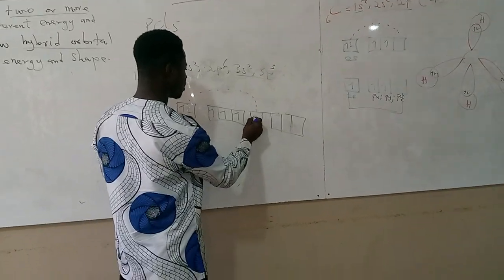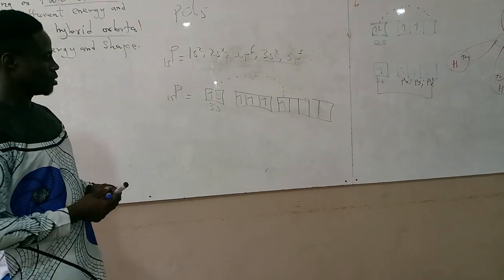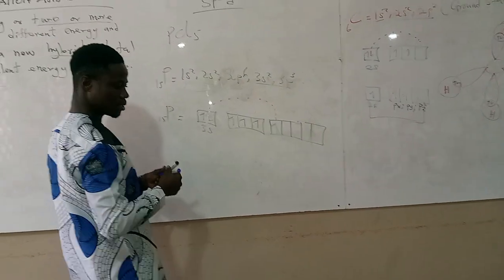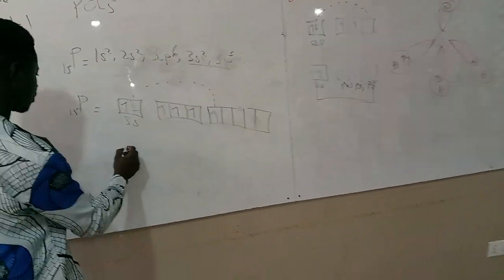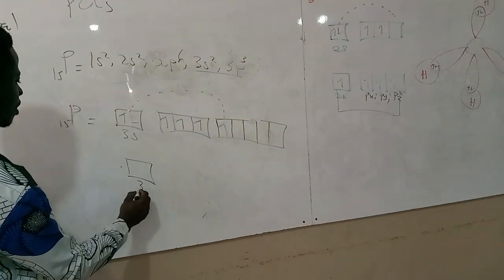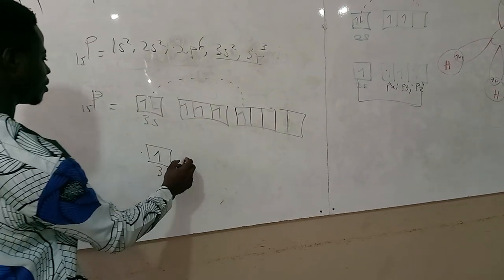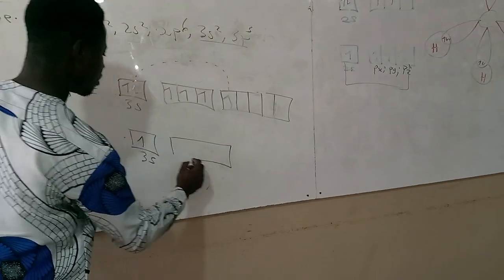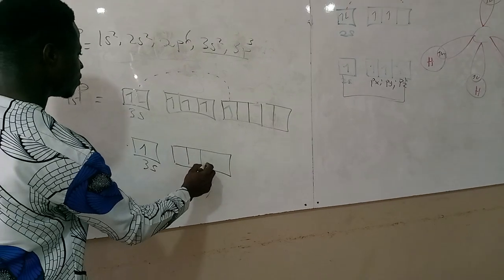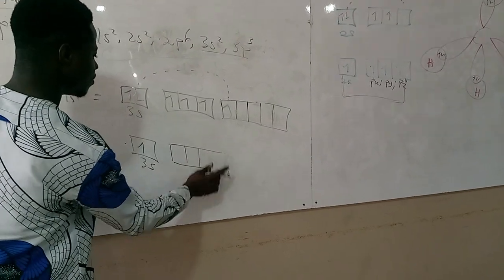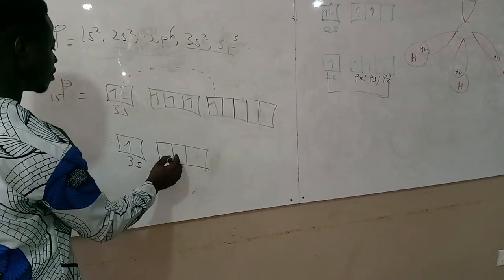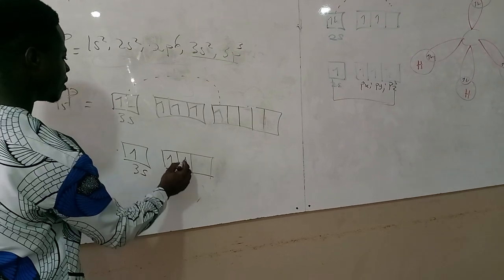So this is what you get. Let's rewrite this. 3s has 1 electron, and the 3p orbitals, px, py and pz, have single electrons.